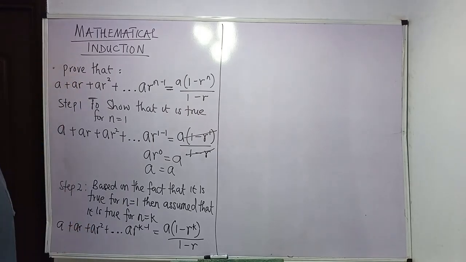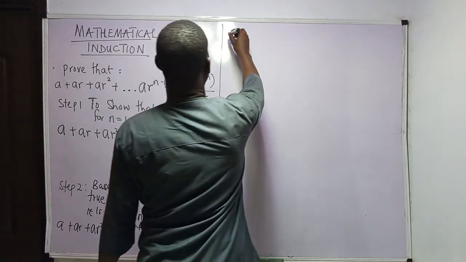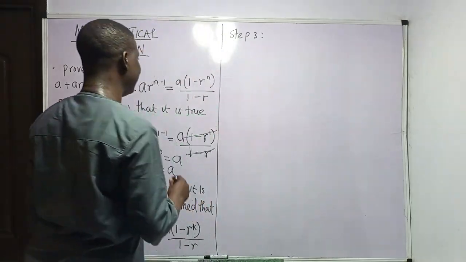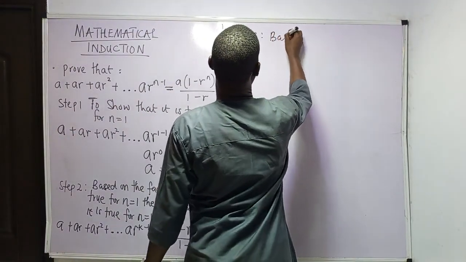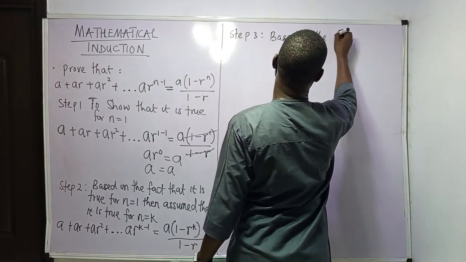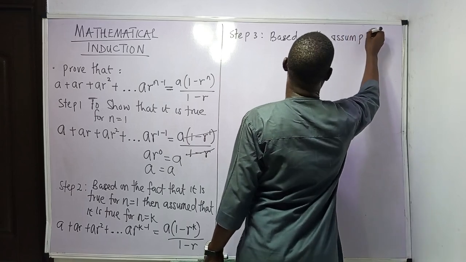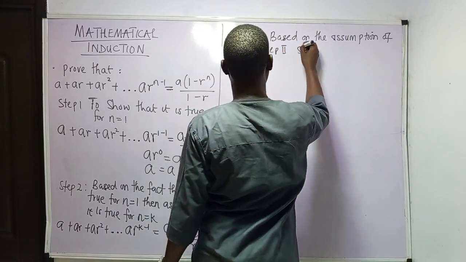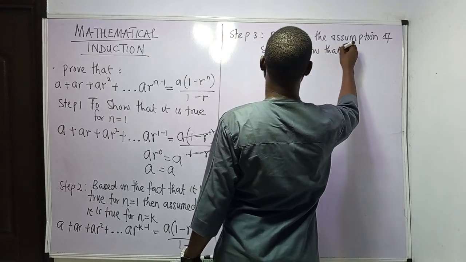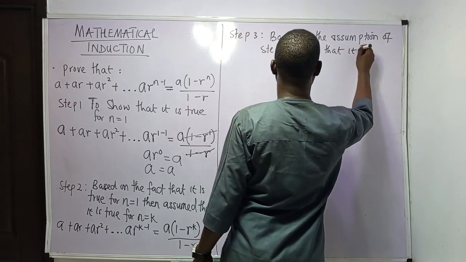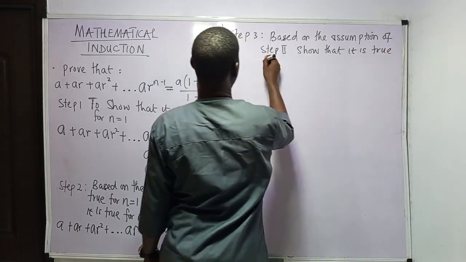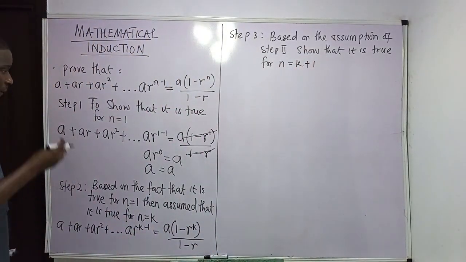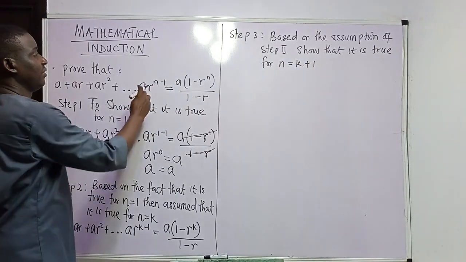Having done that, the next step is the last step, step 3, to finalize the solution. Based on the assumption of step 2, show that it is true for n equals k plus 1. That's the last step. Anywhere we see n, we put k plus 1.